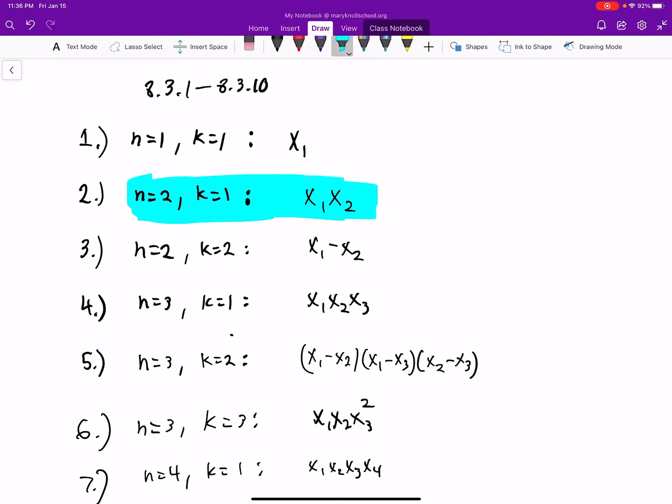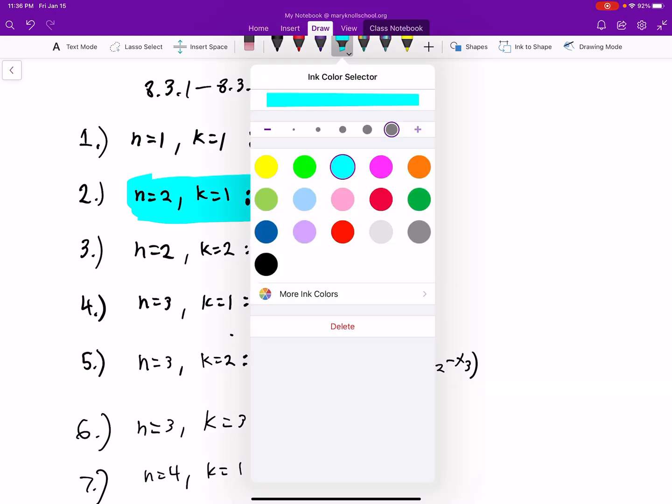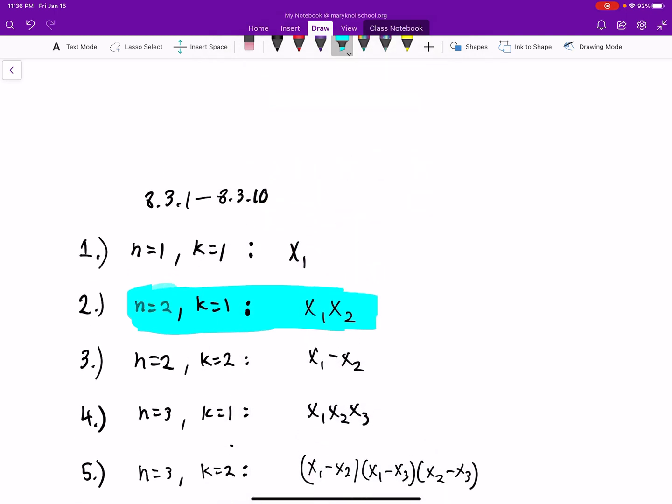Okay, 8.3.1 to 8.3.10. I'm not going to talk about all of these. I think some of them are pretty straightforward. For example, this one right here: n is the number of variables, k is the number of variants. And we can see x1 times x2, those two variables multiplied by each other, will give you only one variant, right?